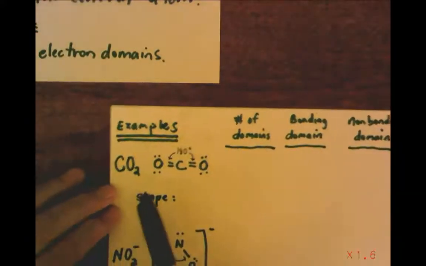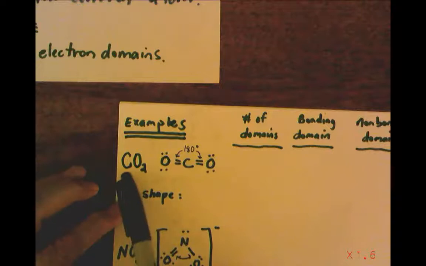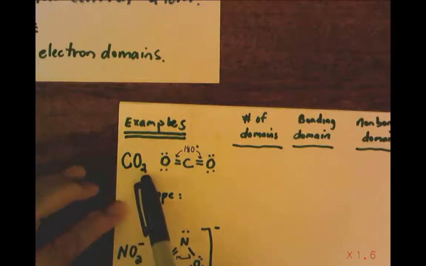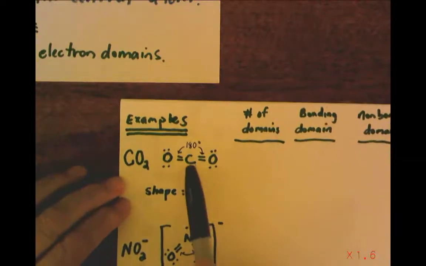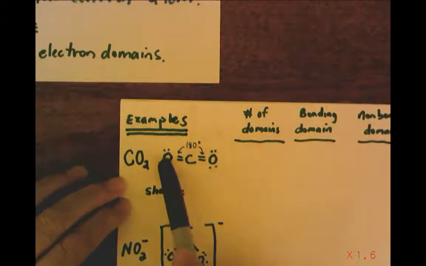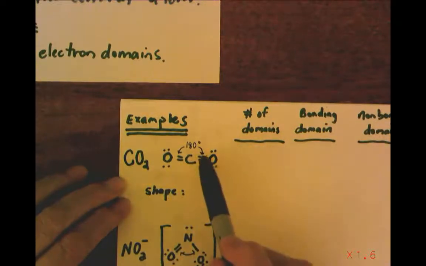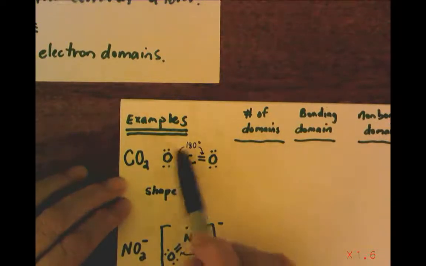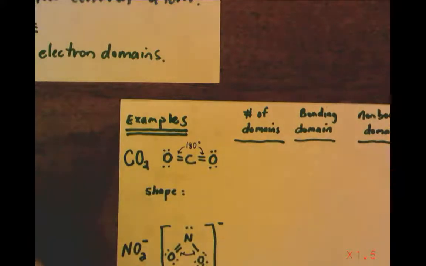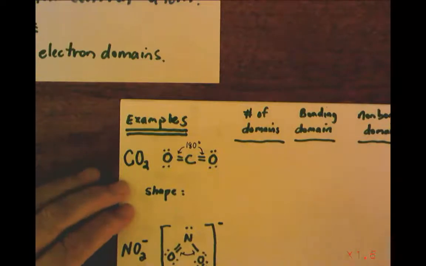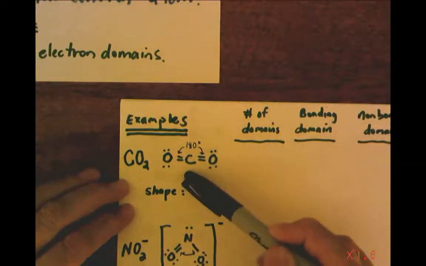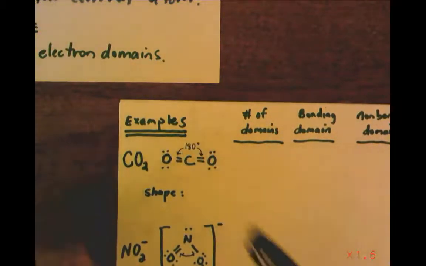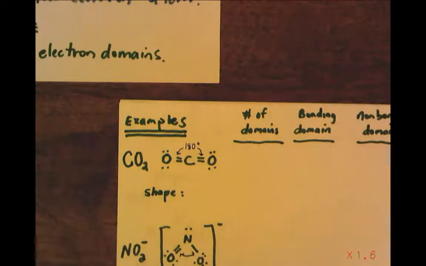Okay, so here's an example of carbon dioxide. Okay, it has carbon in the center, oxygen bound to it, and it has 2 electron domains. Okay, so if you think about it, technically there tends to only be 1, 2, 3, 4 domains around a central atom.